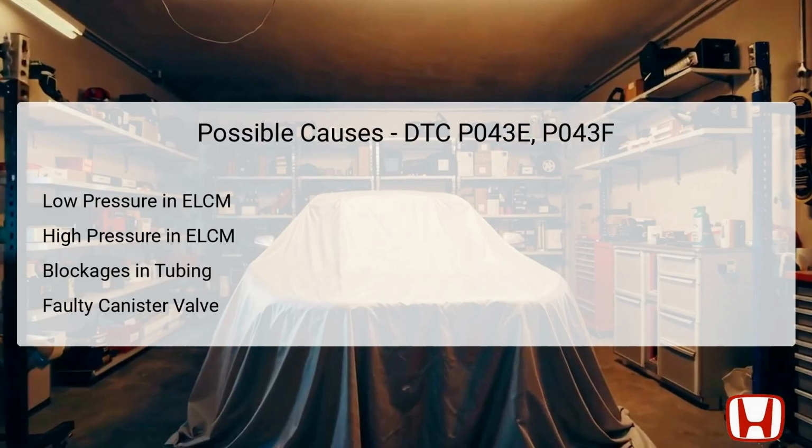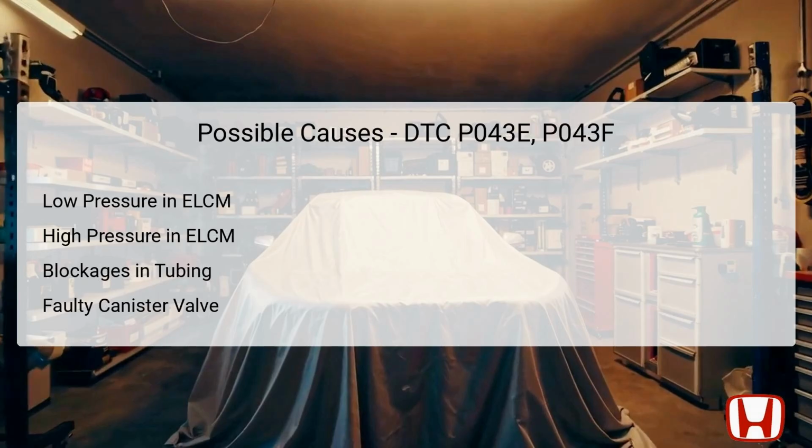Several possible causes could trigger DTCs P043E and P043F, each stemming from issues in the evaporative emission system. The first potential culprit is low pressure in the EVAP leak check module, ELCM, which may indicate a loss of containment. Conversely, high pressure in the ELCM points to an obstruction or malfunction in the system.